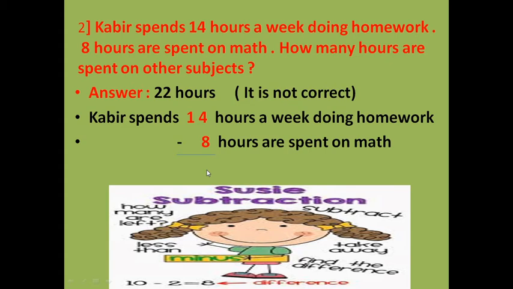Now we solve it, the fourth step. I cannot take 8 from 4, so I borrow 1 from 1, so it will be 0, and this 4 becomes 14. Now we count from 8 to 14, it will be 6. So he will take 6 hours for other subjects' homework. There is no need to write 0 in the left place, it has no value, so we take only 6.